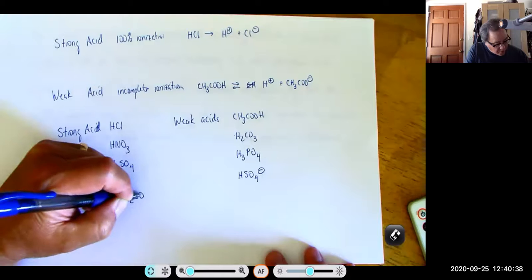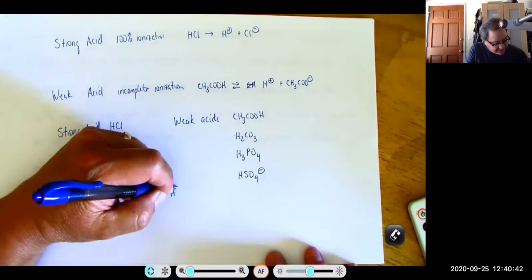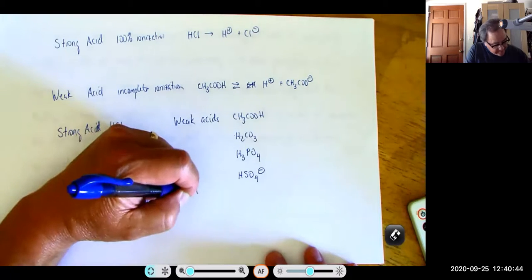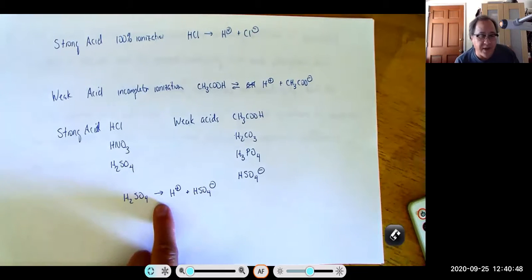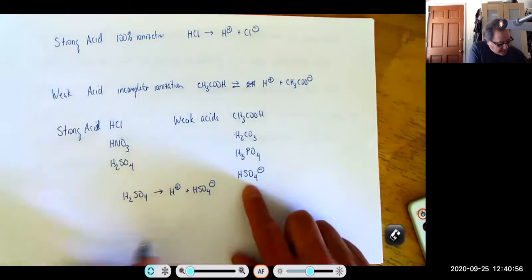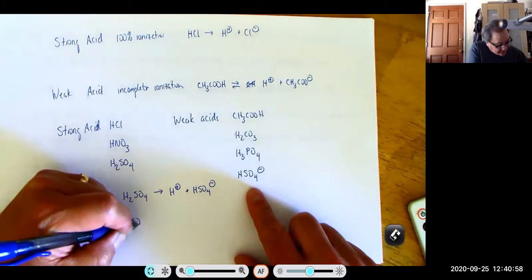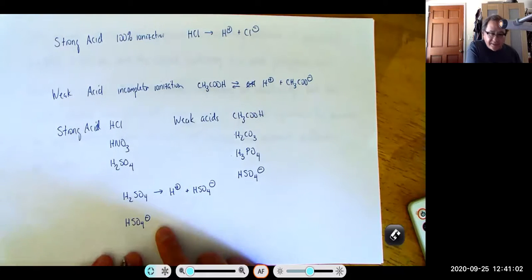When you put it into water, it ionizes, and this is what you get. Now, why did I draw the arrow in one direction? Because it's a strong acid. Now, here, this is a weak acid. So what am I going to do for the arrow for a weak acid?